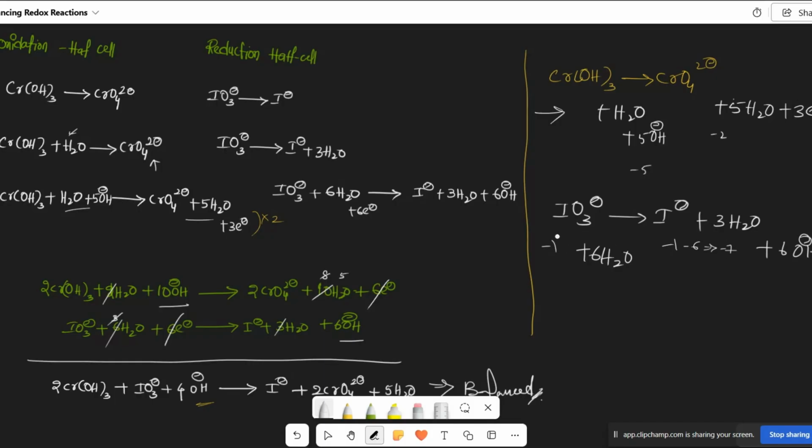In order to make minus one to minus seven, we just need to add six electrons. If you add six electrons, it will become seven electrons. Here also seven electrons are there. So these are 3 and these are 6. If you multiply this whole equation with 2, just add it up, boss. You'll get the answer. So this is a simple way we can solve it.